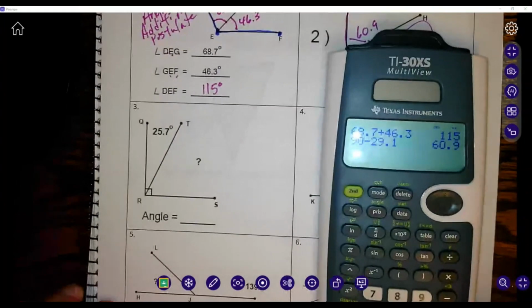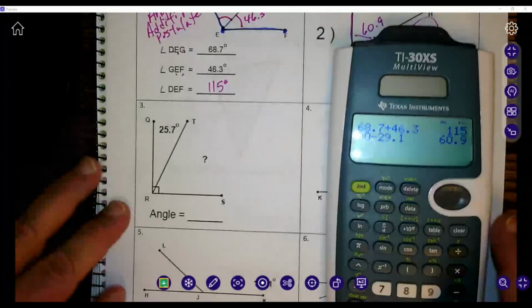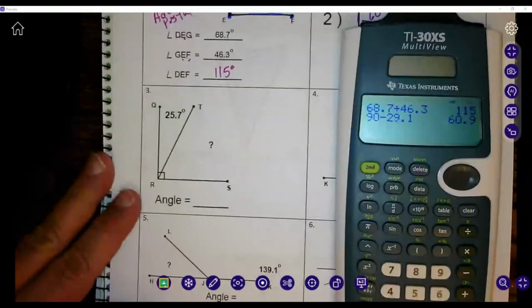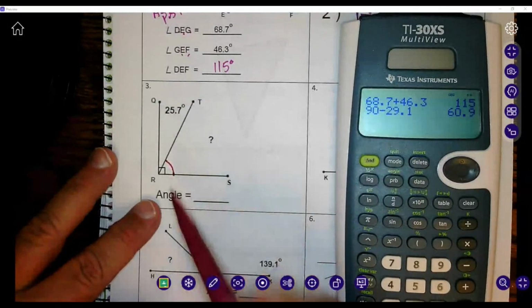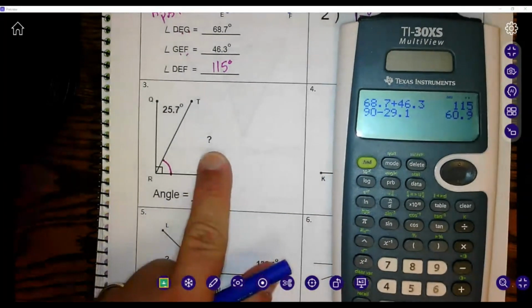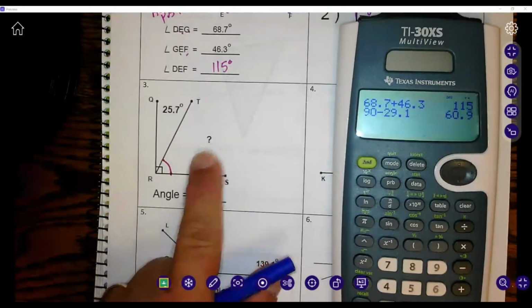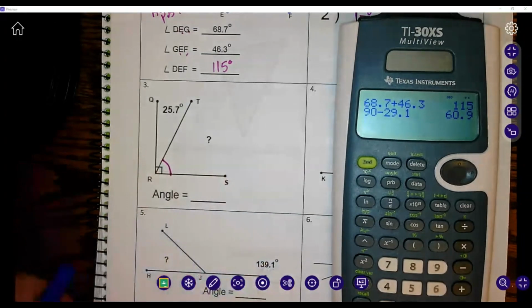Same situation here. We want that missing angle. The missing angle right here. So tell me what the arithmetic problem would be to solve for this angle, the missing angle. What am I going to punch into my calculator?